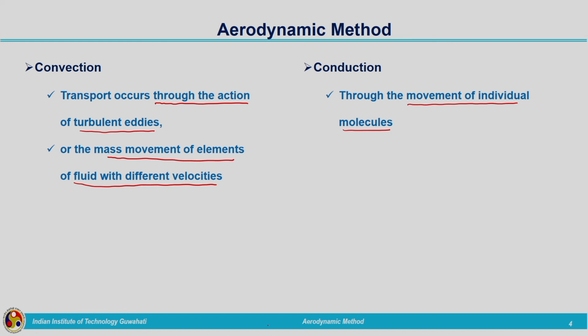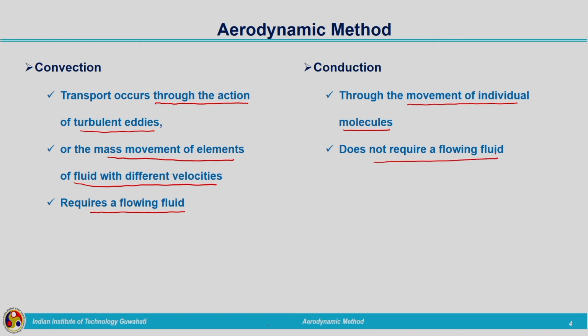Convection is possible if we have a flowing fluid, it requires a flowing fluid, but conduction does not require a flowing fluid. So, the difference between convection and conduction you are supposed to know, and the transport process we are going to make use of in this derivation is the convection process.